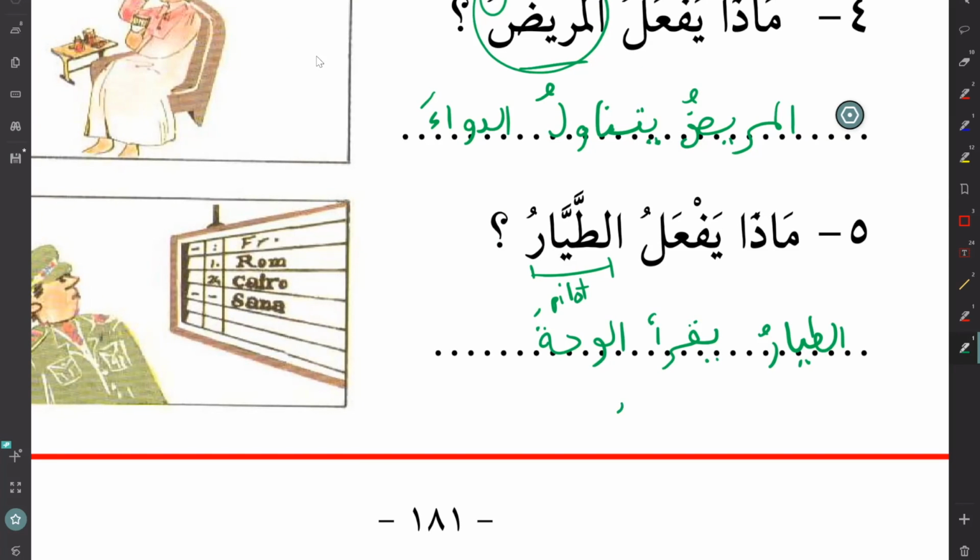Or you can say لوحة المواعيد. لوحة المواعيد. And why am I putting fatha here and why am I putting fatha here? Because this is your object of the verb yakra. What is he reading? I think it's مواعيد. I think I have to double check.